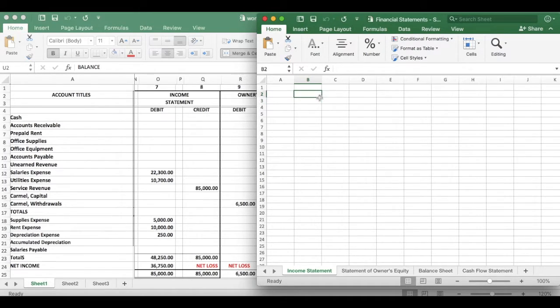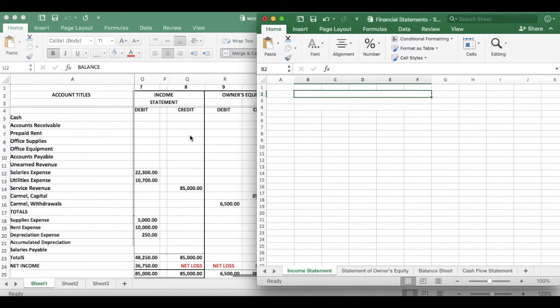Right. So just like any other financial statement, we always label all our financial statements. So it's a 3-line label. First line would be the company name. What is again the company name for this one?